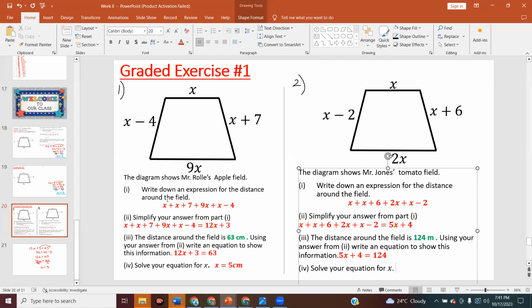Is that your final answer? Oh, sorry. I was just looking at my book and I wrote 5x equals 24. Why 24? Isn't it 124? Okay, most persons are saying 24.